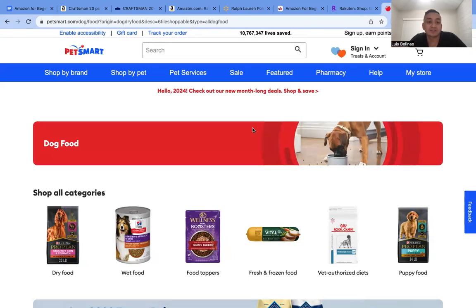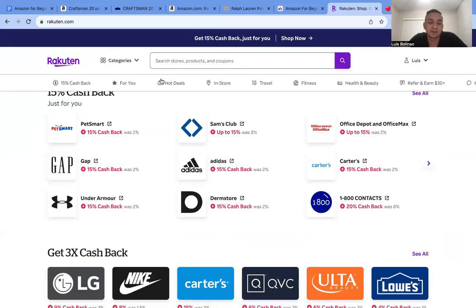So now you buy $5,000 worth of products from this website. You're getting 5% from your credit cards and you're getting 15% from Rakuten, right? So now you're getting 20% cash back on your $5,000 worth of inventory.